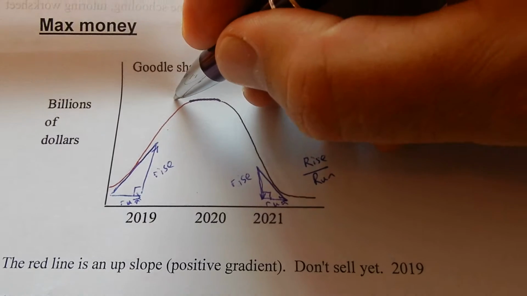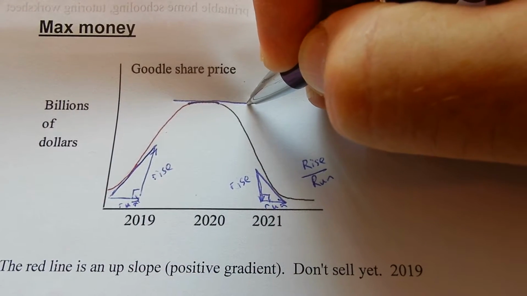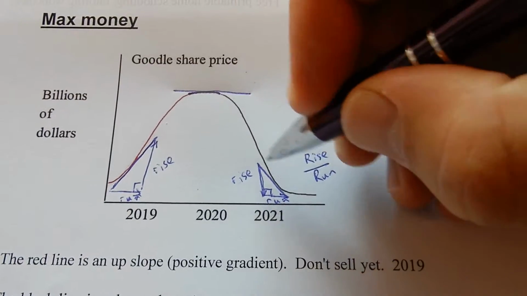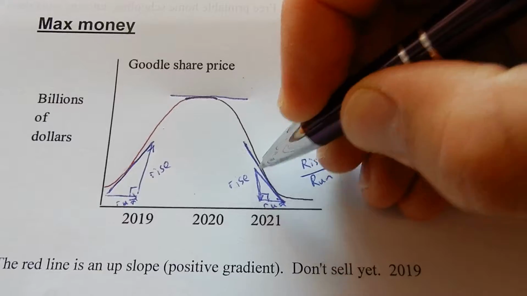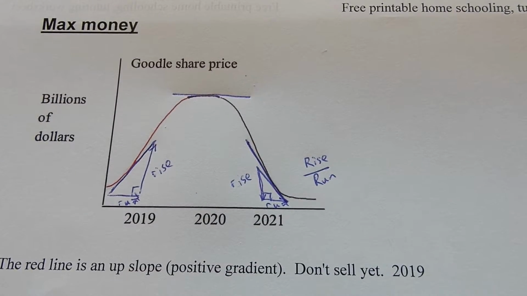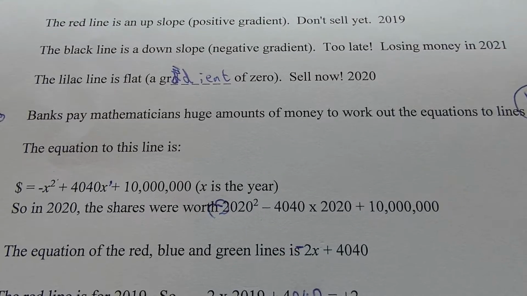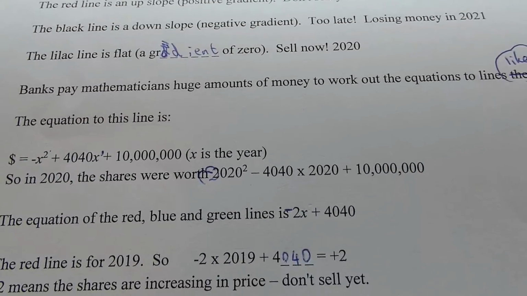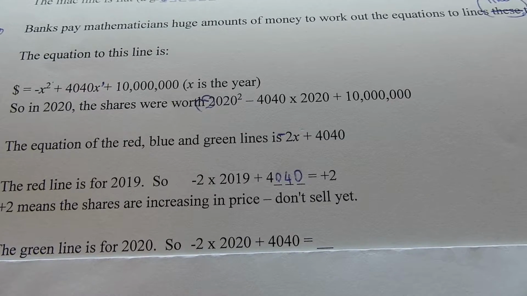The green line, hold on. Okay, the green line is this one here. Nope. The green line is this one here. I've got to put the lines in. The green line is for 2020.